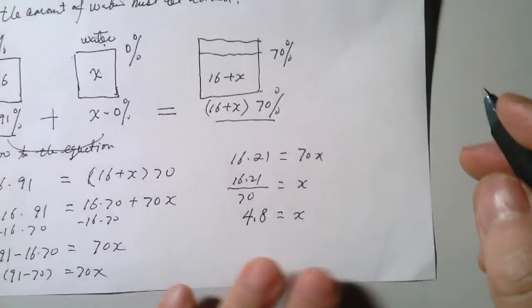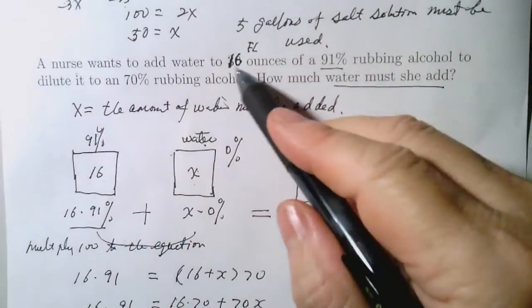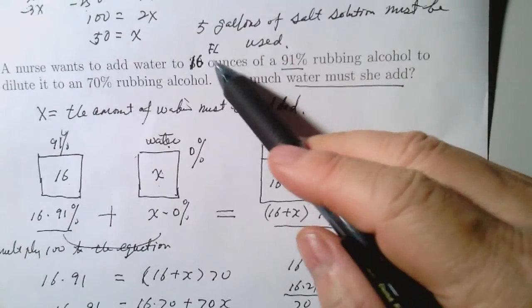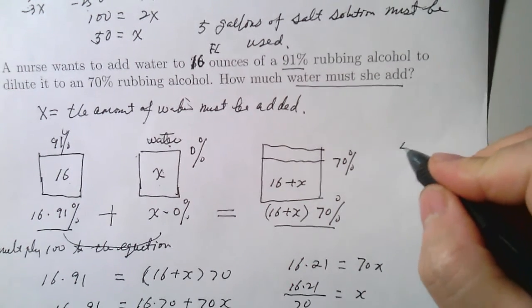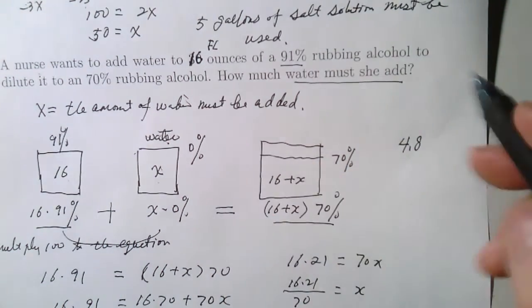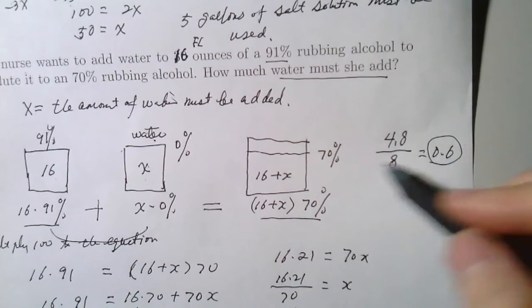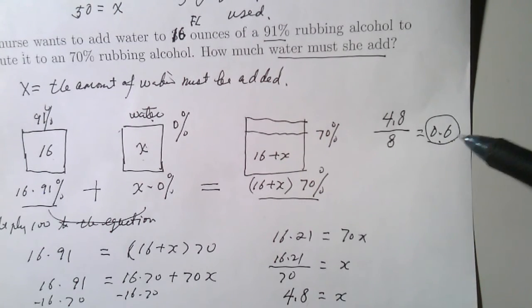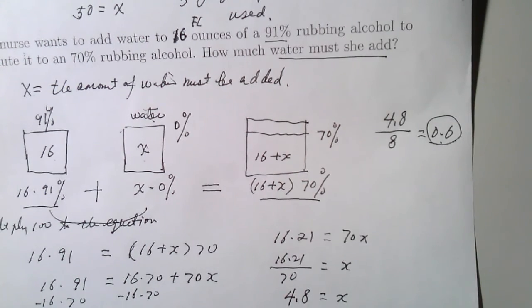Looking at fluid ounces here, 16 ounces is 2 cups. For the 4.8 ounces, 1 cup is 8 ounces, so that gives us 0.6. So 4.8 ounces is 0.6 cups. Add 0.6 cup of water to the 91% rubbing alcohol and you're going to get 70%.